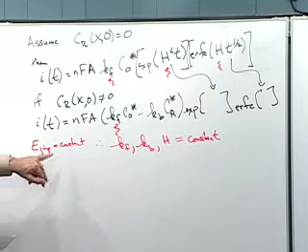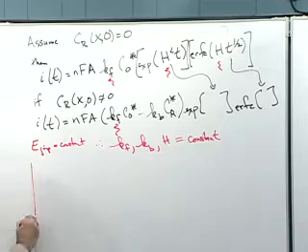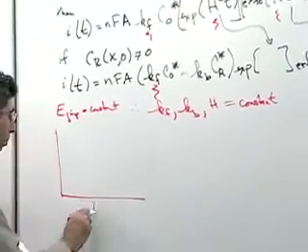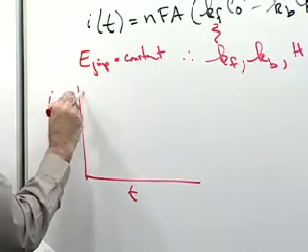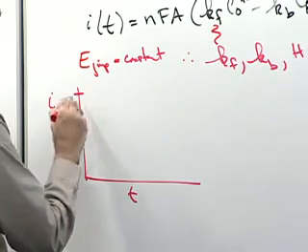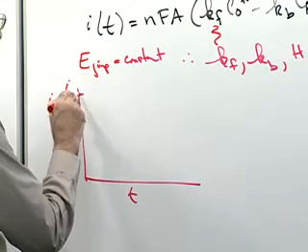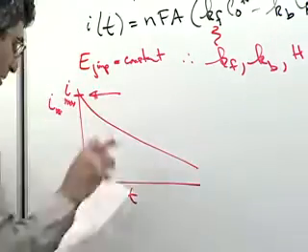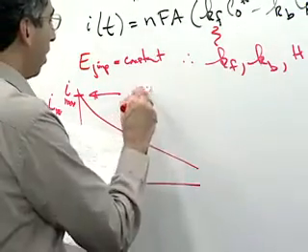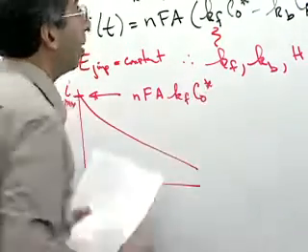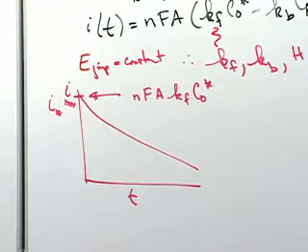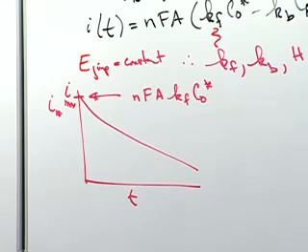Now you'll notice, once I've done that, what's going to happen? If I make a potential jump, I'll get a maximum current somewhere, and that current will fall off. That maximum current is equal to NFA, forward rate constant, times the bulk concentration. You can't get a current larger than that in the system. What the error function looks like as t increases is that it is falling off, but not exponentially.